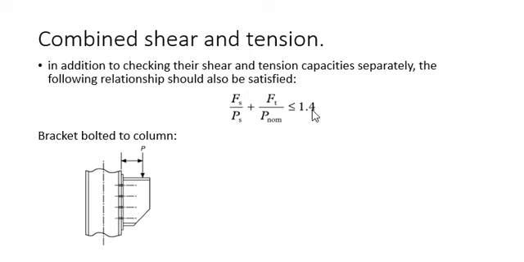Where Fs is the applied shear force, Ft is the tensile force, Ps is your shear capacity, and this is the nominal tensile capacity. Once you compute all of them, you just insert them here to ensure that the sum is less than 1.4.